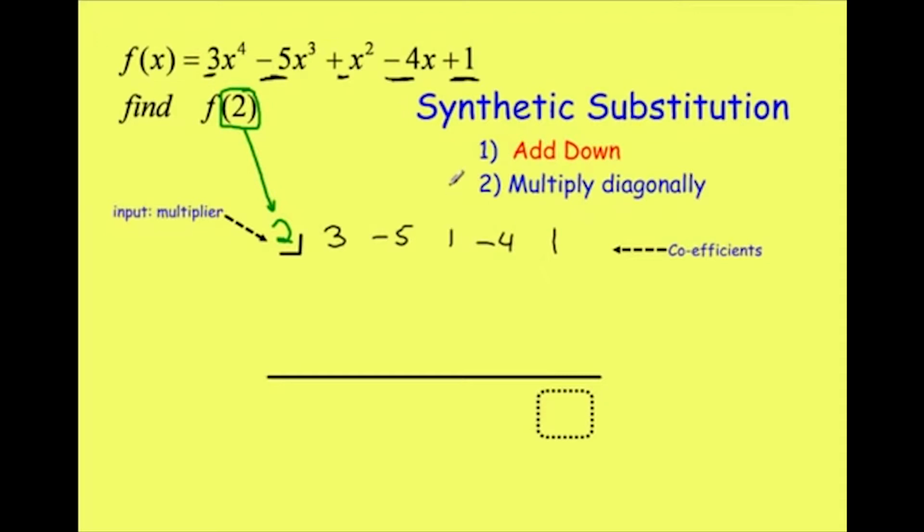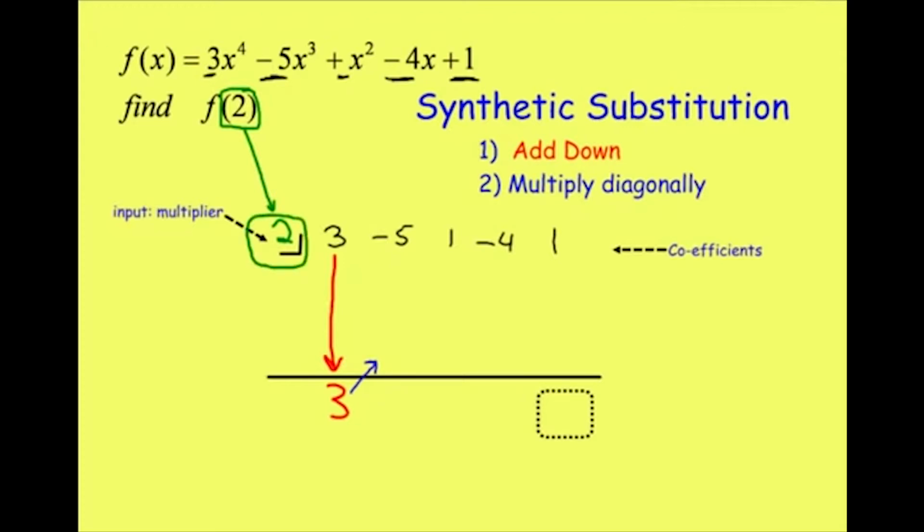Our setup is actually complete now, and now we're going to go through the process of synthetic substitution. The first thing we're going to do is add the 3 straight down. There's nothing to add it to, so we're just going to drop it below the line and write the number 3. Our second step is to multiply diagonally. Every time I multiply, I'm going to multiply diagonally, using the 2 as a multiplier.